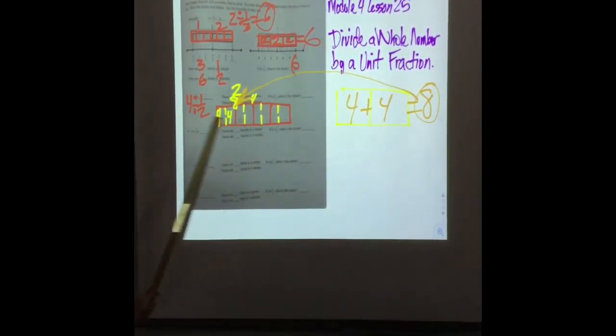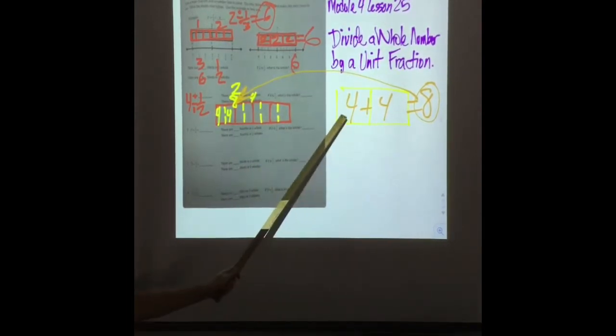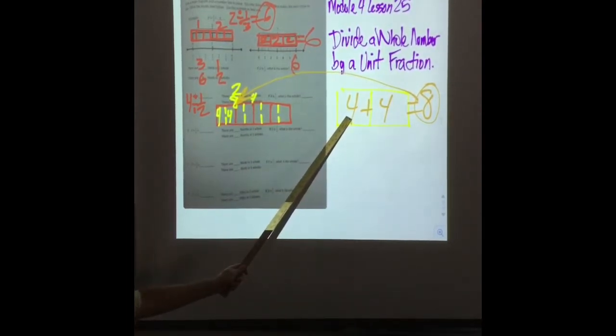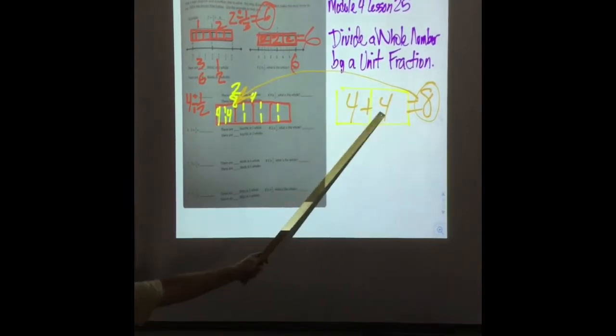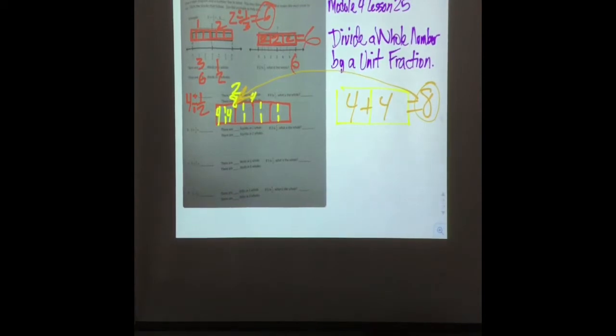in 4 boxes. And if I said there's 4 in a half, I have to draw out my 2 halves, put 4 in each half, add them together, and I get 8. Now, how would I do that as a multiplication problem?